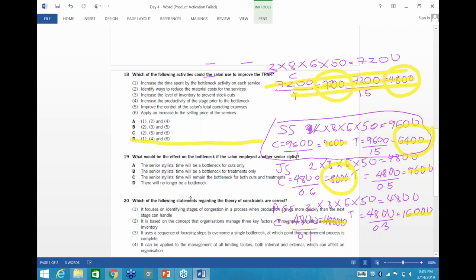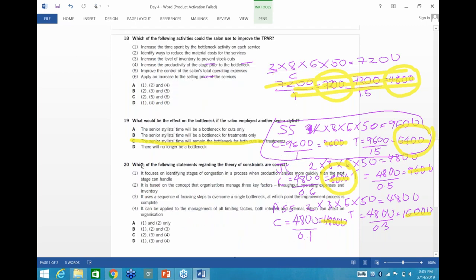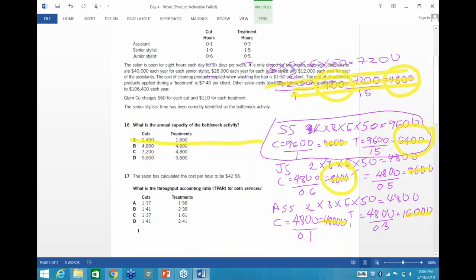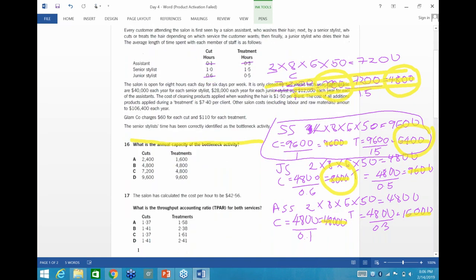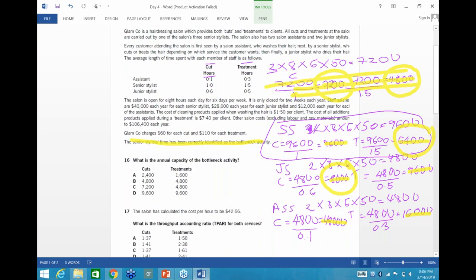The fourth answer is wrong. So B for boy is the correct answer for question 19. So if you like, you can take this down while I take some questions.